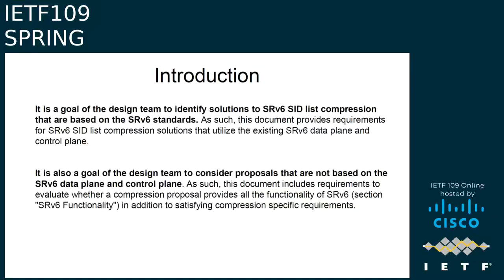One target is that it's a goal of the design team to identify solutions to SRv6 SID list compression that are based on the SRv6 standard. And we are also open, as a goal of the design team, to consider proposals that are not based on the SRv6 data plane and the control plane. So next page.